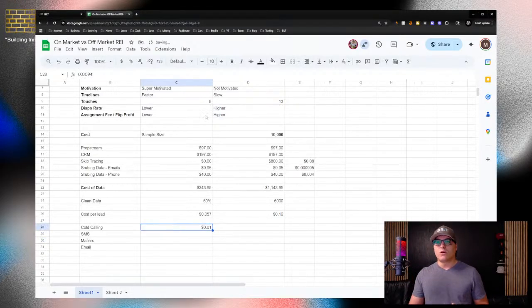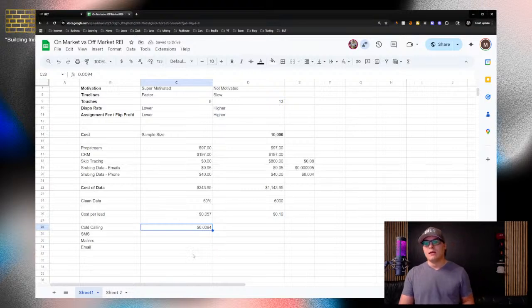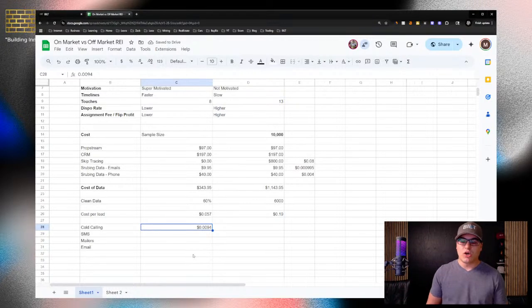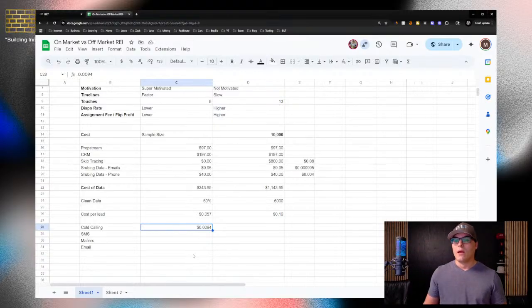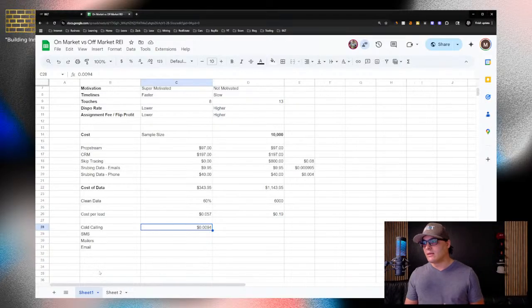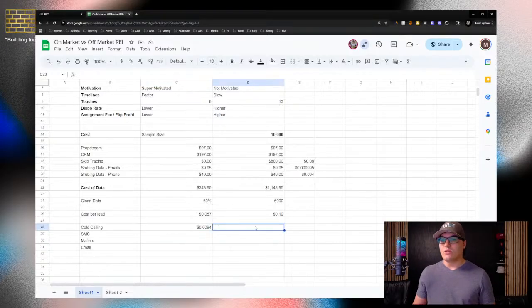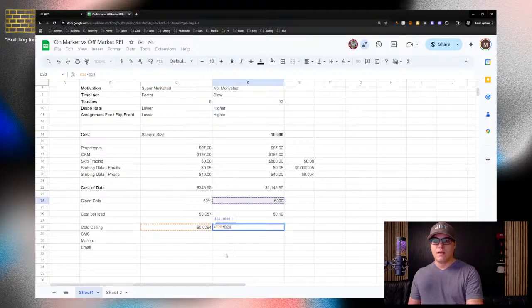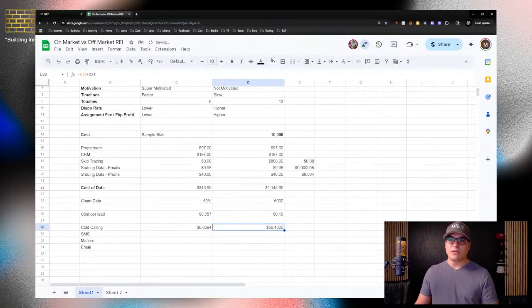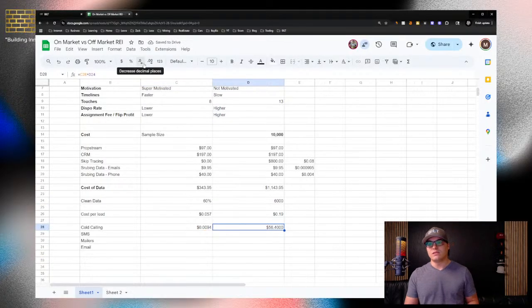So cold calling is a ninth of a cent. That's how much it costs to call. Maybe inbound calls are a little bit cheaper, but let's just use that as a standpoint right here. When you're actually calling those 6,000 leads, there is a cost involved, and in this instance it's going to be $56.